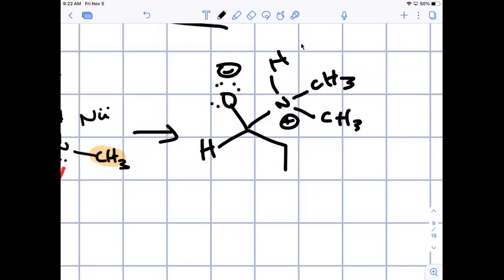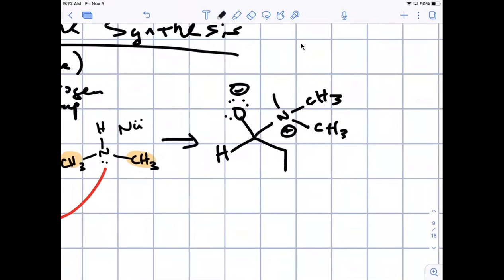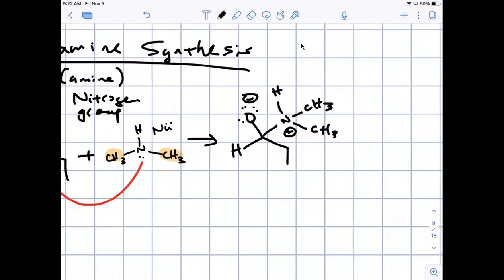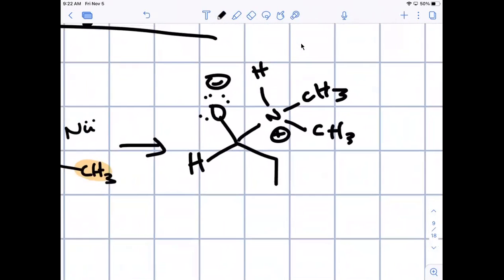All right, now what? Think about the mechanism we just did, and think about the fact that we still want to lose water. That's still one of our goals, to lose water as a leaving group. So what will I do next? Proton transfer. Proton transfer, just like in the mechanism we just looked at.